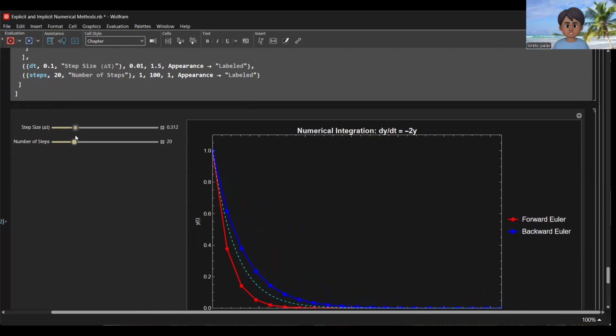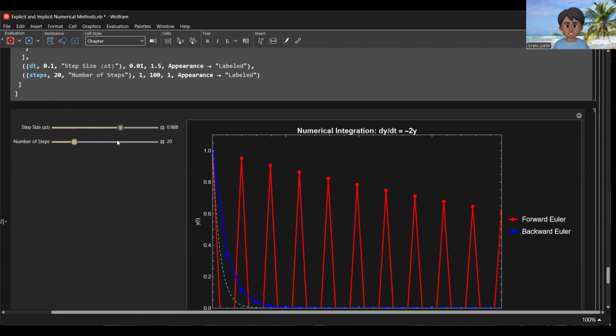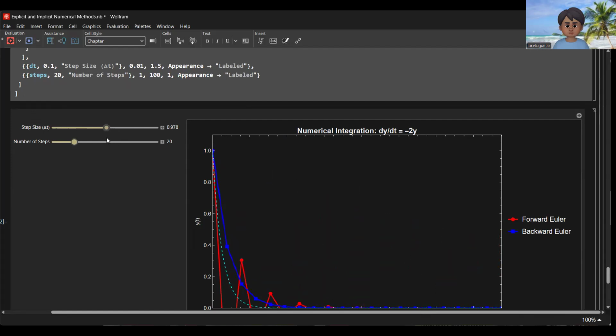So for example, here, if we increase the step size, the forward Euler method is no longer accurate like this one. So the red color is no longer accurate here, but the blue one, the backward Euler method, there is a slight effect on it.